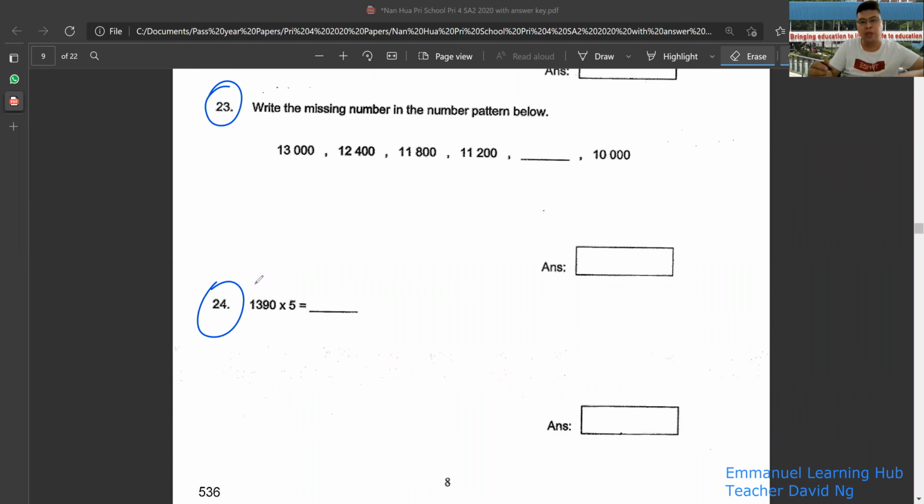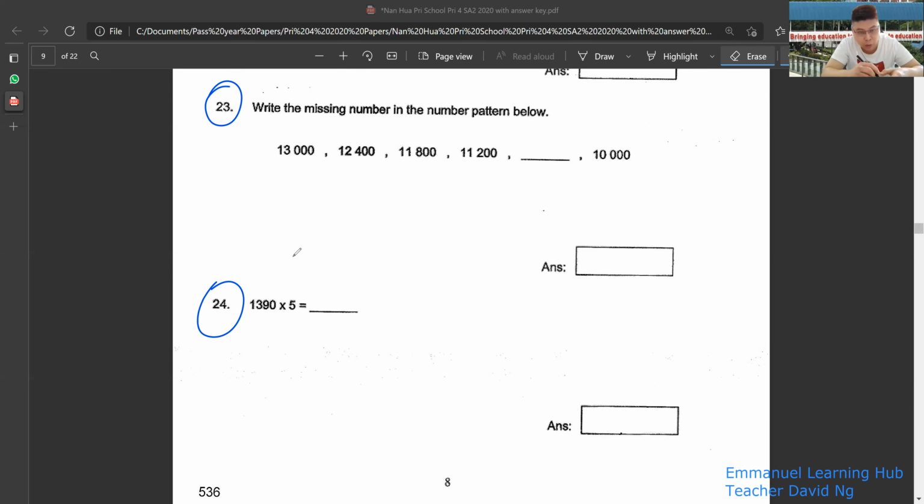Okay, what is the missing number? You know what to do? No. This one, what is the pattern? How did 13,000 become 12,400? 13,000 minus 12,400.